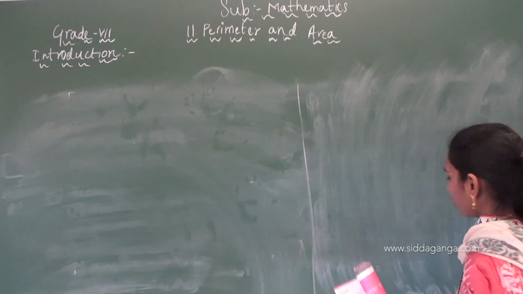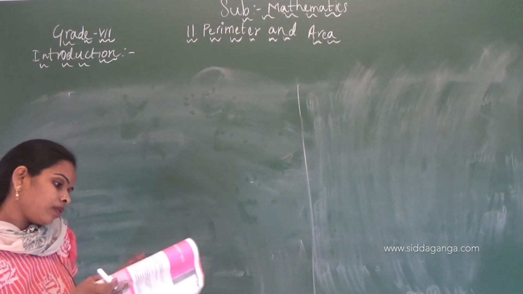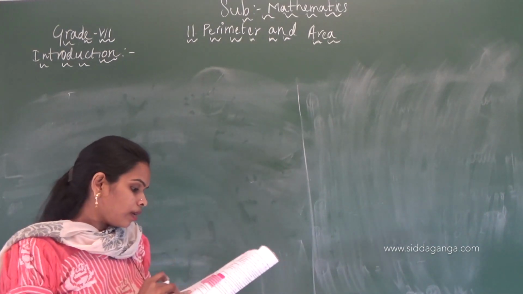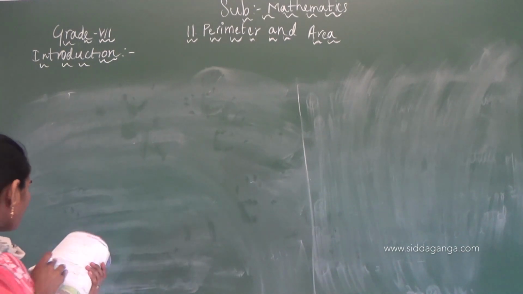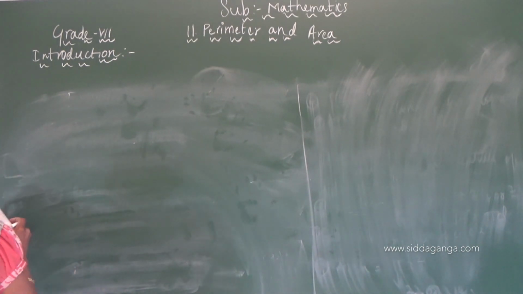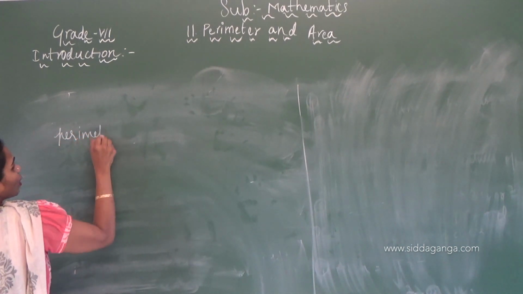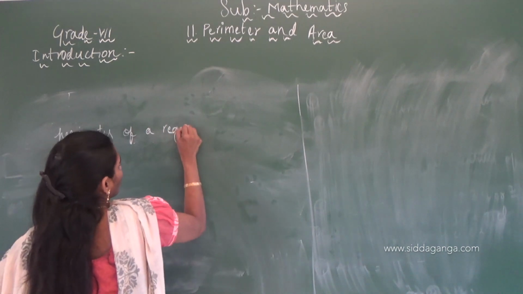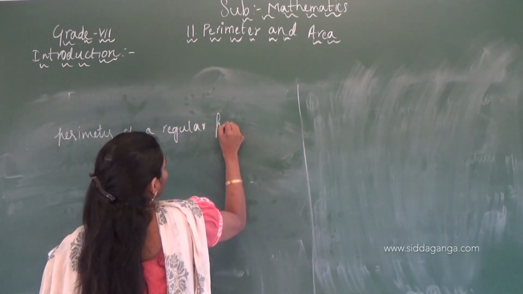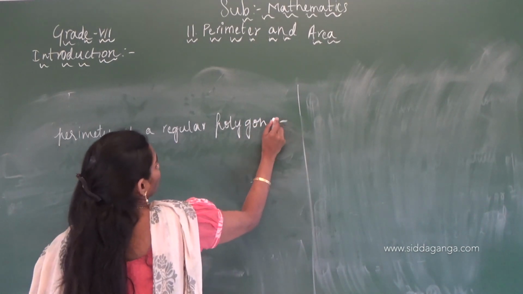Perimeters of regular polygon. What is a polygon?